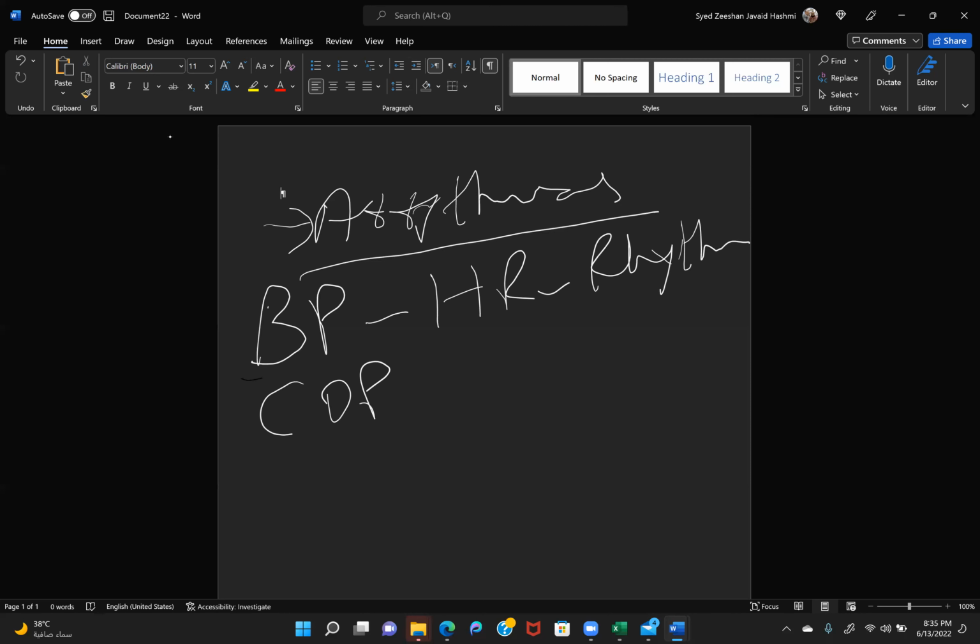Usually cardiovascularly, you will be looking at these things. Either there will be tachycardia or bradycardia, hypotension or hypertension, the rhythm is not normal, and there will be signs of low cardiac output.